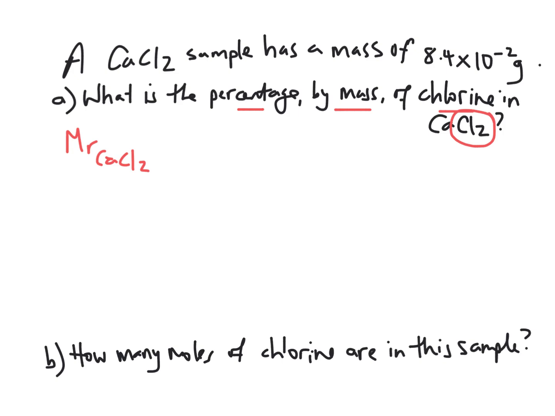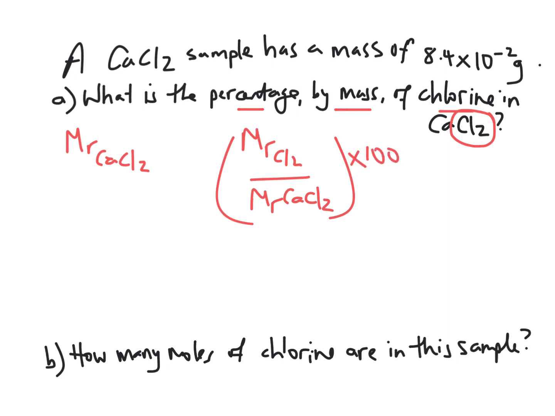We'll take the relative molecular mass of the chlorine and divide it by the relative molecular mass of the calcium chloride, multiply by 100, and that'll give us the percent of it that is chlorine by mass.